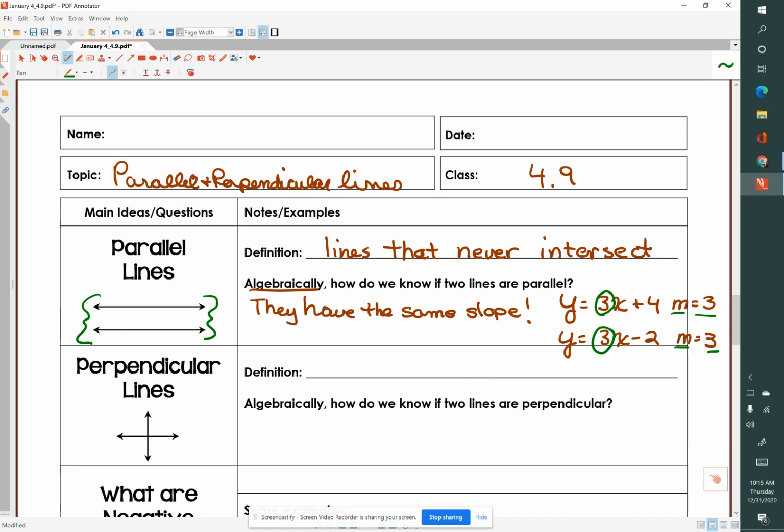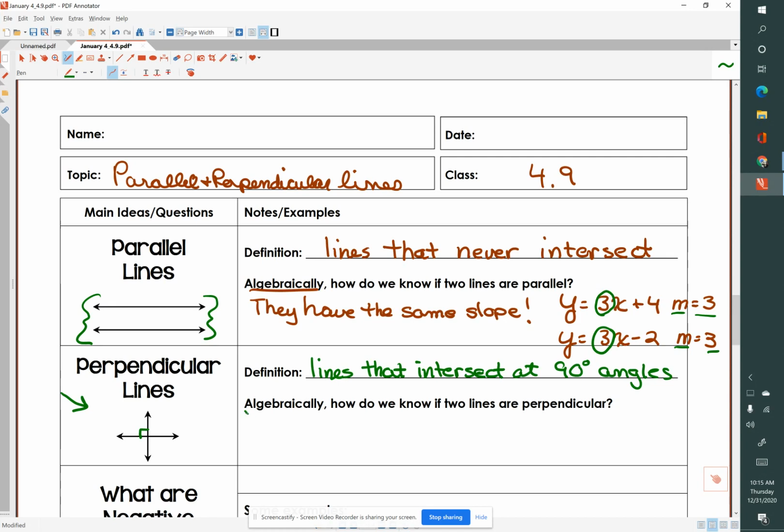Perpendicular lines are lines that intersect at 90-degree angles. And here we have some perpendicular lines, and we could actually put the symbol for a 90-degree angle right there, and that would still be correct.